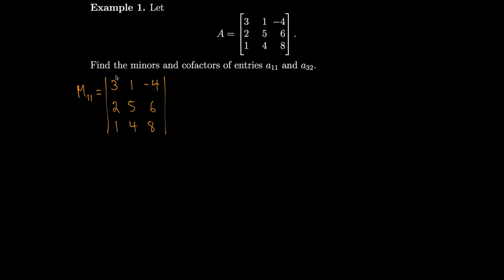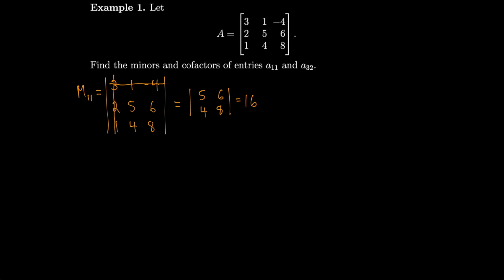A11 is the entry in the first row and first column, so that's 3. So I'm going to delete all of the entries in the same row and all of the entries in the same column, and I'll end up with these entries remaining, so that'll be my new determinant: 5, 6, 4, 8. So that's just 16.